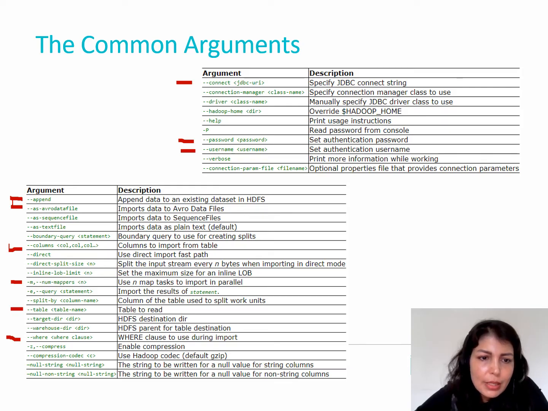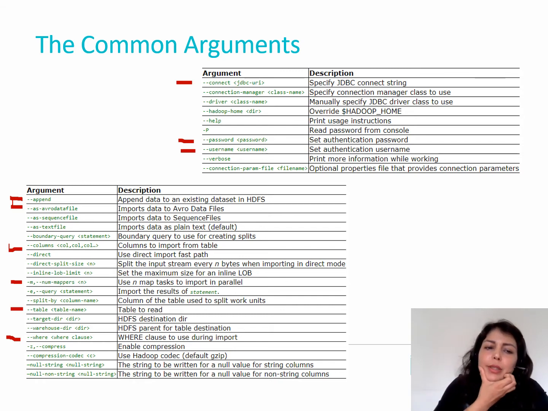With this argument, you can select which columns you want to import to HDFS. Probably if you don't want to import all the columns of a table, then you can select them through this argument.